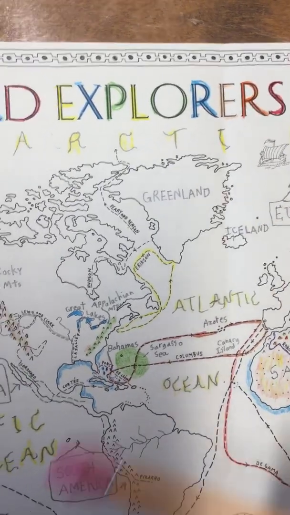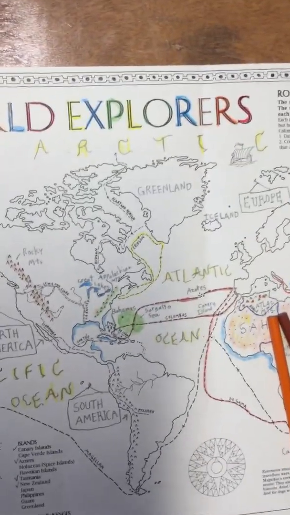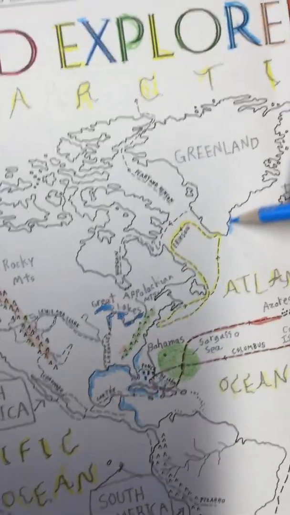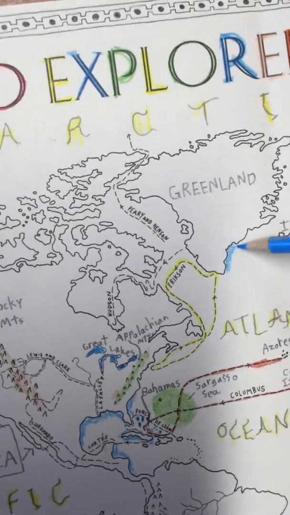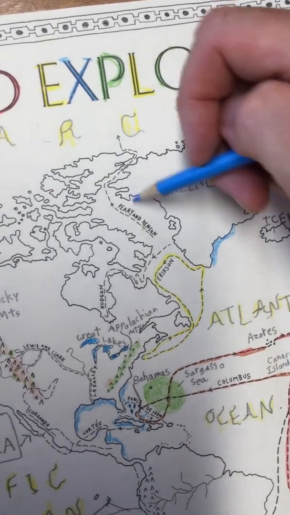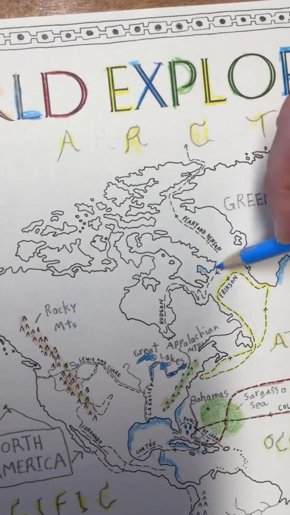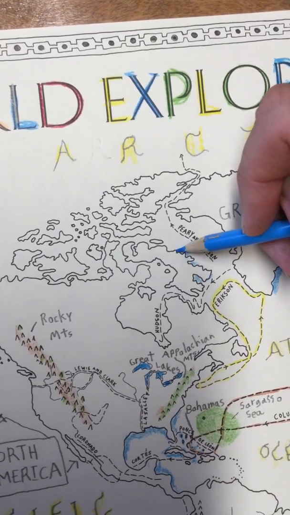But you can label Greenland and Iceland. That would be a nice addition to your map. And as we're doing this, we can remember there's a lot of coastline up here, obviously around this really big island of Greenland and Iceland, and getting into all these islands up in Canada. Okay, all right, so you'll be doing this little by little.